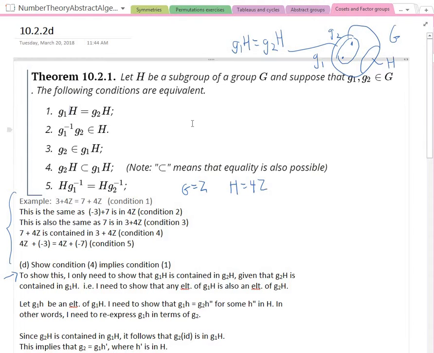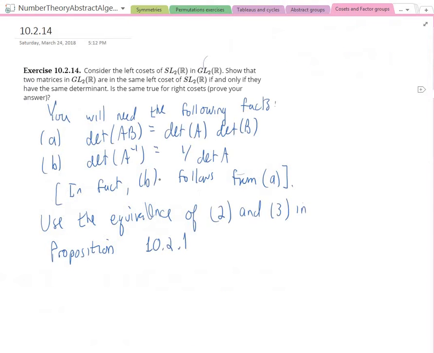So you can use that fact also, because if you have A and B with the same determinant, and then you take AB inverse, you can figure out what the determinant of AB inverse is. All right, so that's all I'm going to say about that. And you can do those problems, and hopefully that will help you understand this.